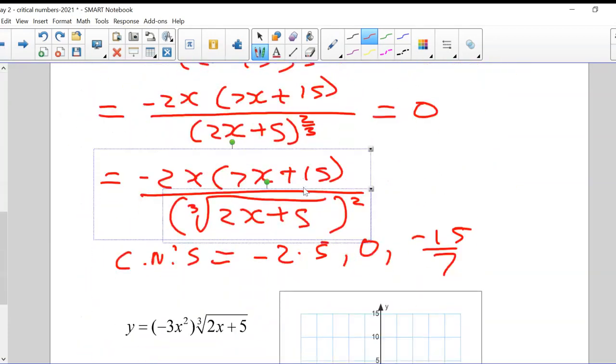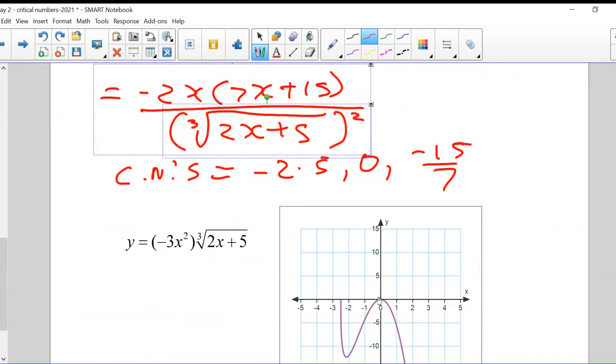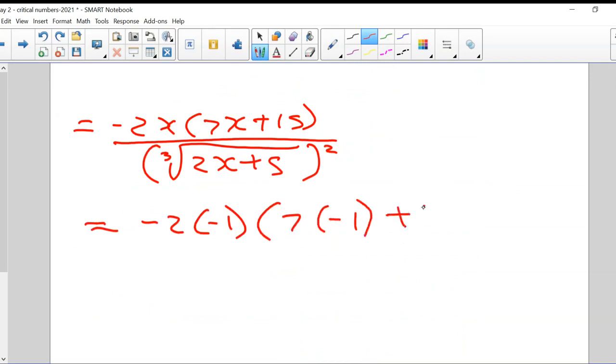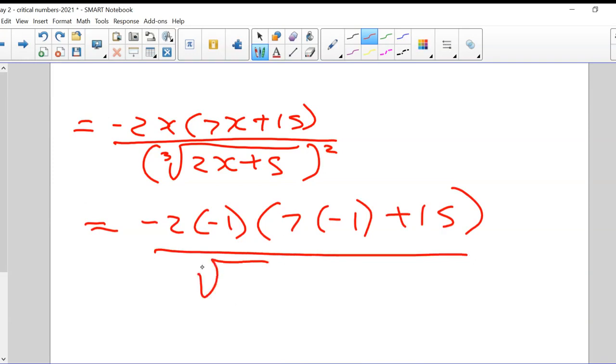All right, we know what the graph suggests about that point. So here's our point 0. I'm going to put in a -1, put in a +1, and see what the derivative is telling us, that first derivative. So putting -1 into that would give us -2 times -1, 7 times -1, plus 15 all over the cube root of 2 times -1 plus 5, and all of this squared.